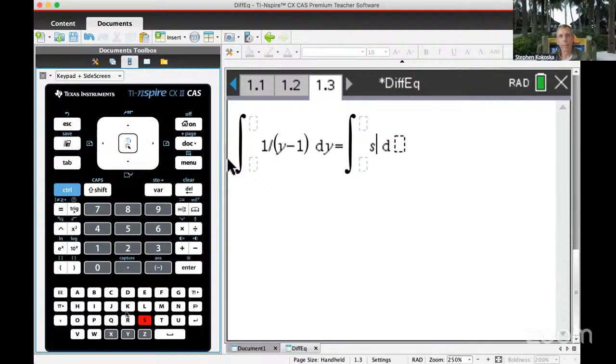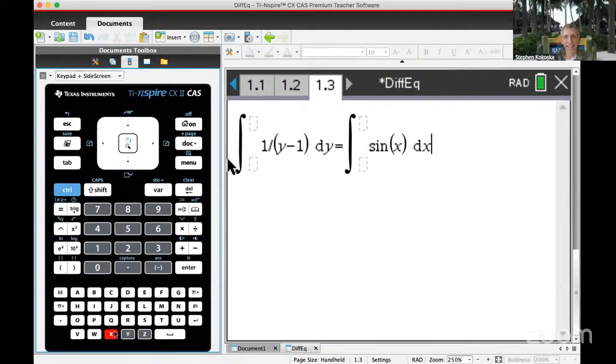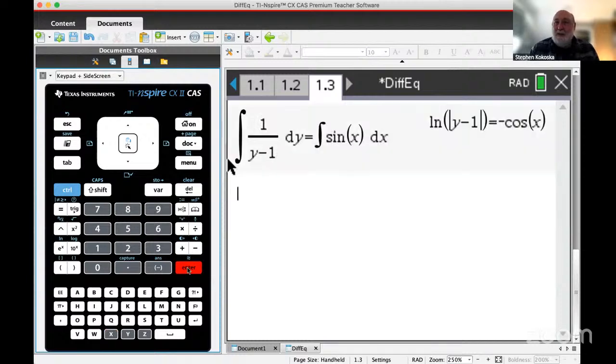Okay. And I'm just curious what it's going to do with this. What if I just enter this line from that first step you did? So I'm just going to hit enter and we'll see what happens.